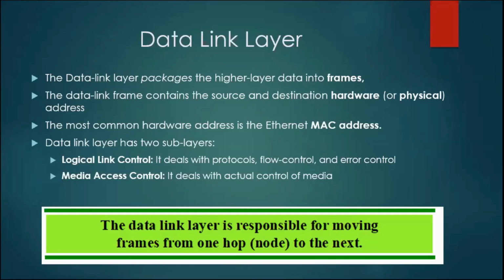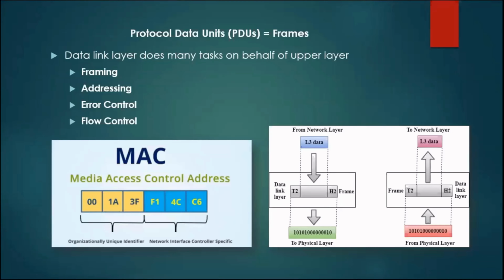The media access control takes that information and helps the physical layer understand how to convert everything into zeros and ones, right? The protocol data unit is the frame, as I said, with framing, addressing, error control, and flow control.